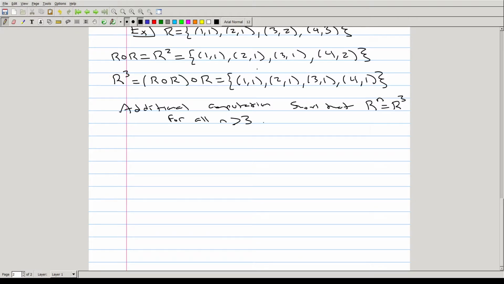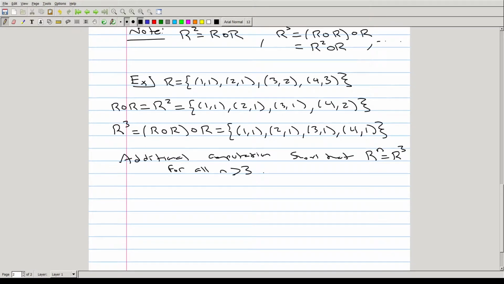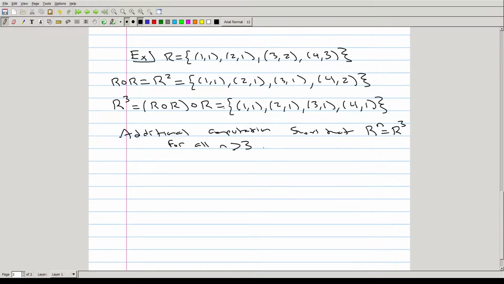So R to the 4 equals R cubed for this example, R to the 5 equals R cubed, and so on and so forth. You can go through and verify this. It would be a good exercise for you to check.